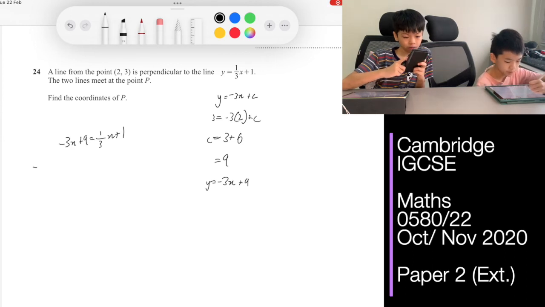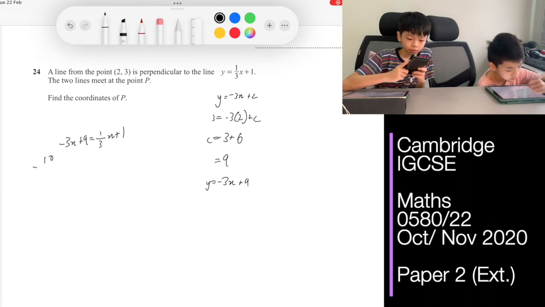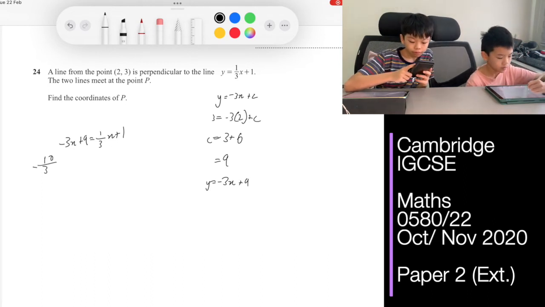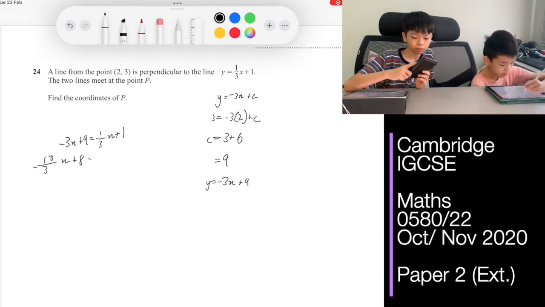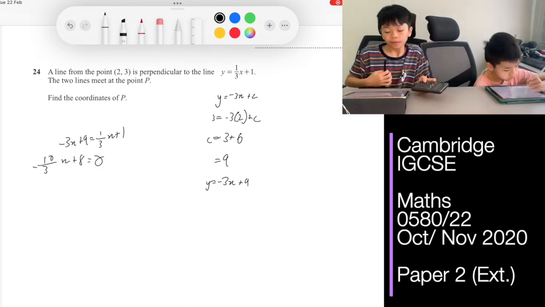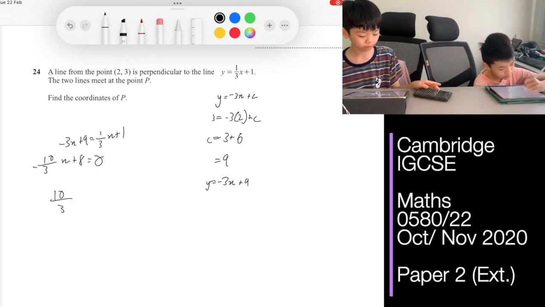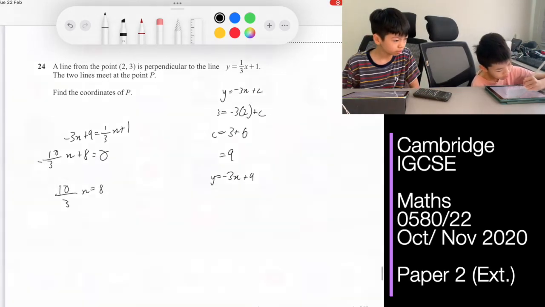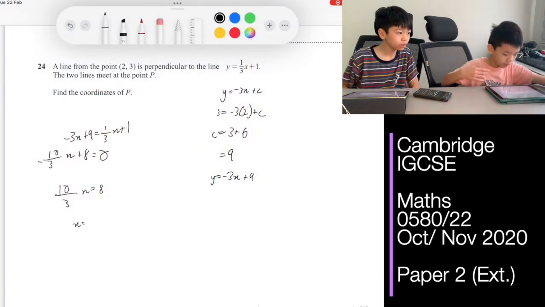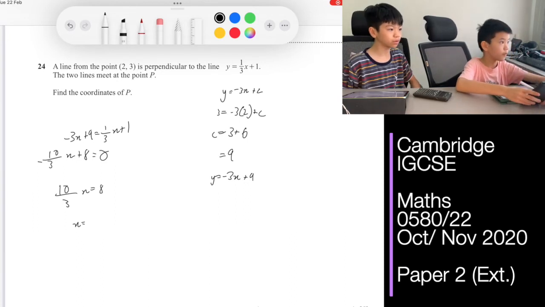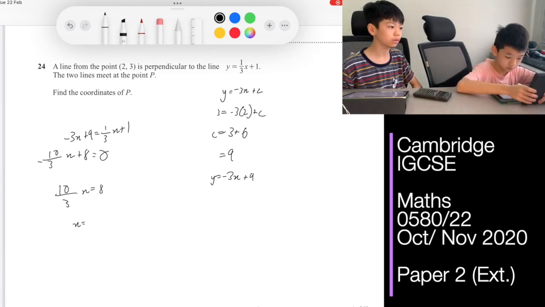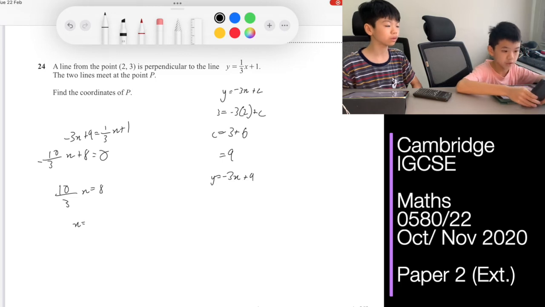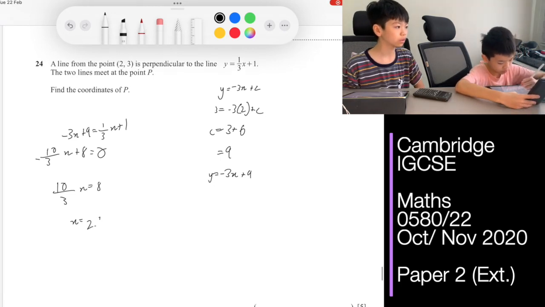Negative 10/3 x plus 8 equals 0. 10/3 x equals 8. X equals 8 times 3/10, which is 2.4.